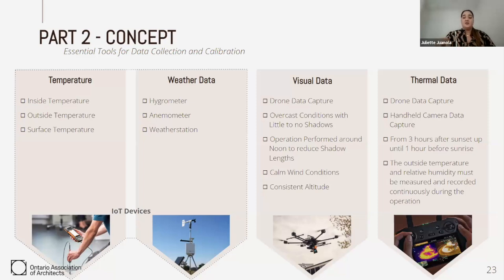And then in addition to thermal data, visual data can also be collected. That can be interesting for two reasons. The first one is that it enables engineers to gain more knowledge about the building envelope whenever they are analyzing the thermal data.